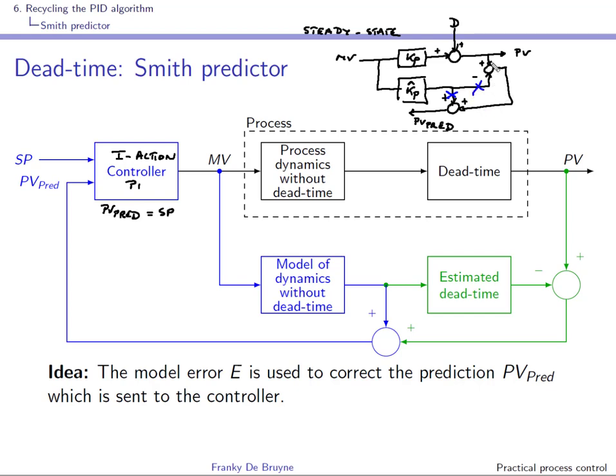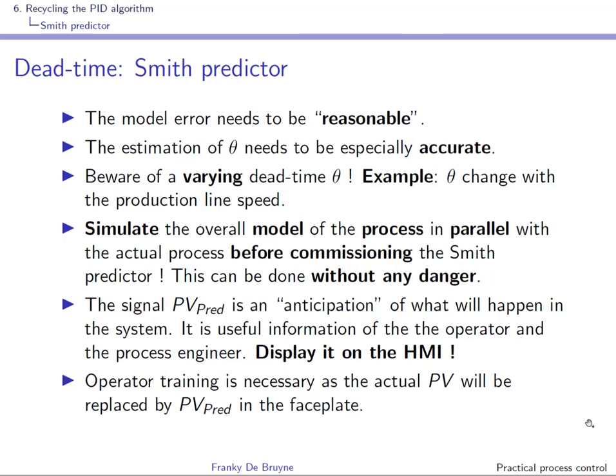So we can clearly see that in steady state the predicted PV is equal to PV. Since the predicted PV is on set point, PV is on set point as well. So if there is a steady state, if the closed loop system is stable, we see that PV will be on set point. In the Smith predictor, this model error of course needs to be, between quotes, reasonable.